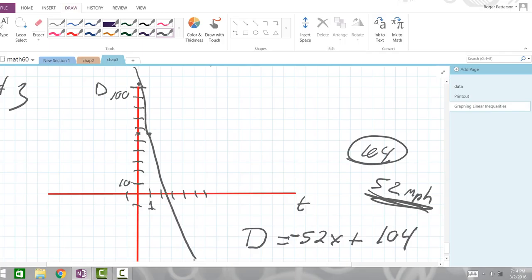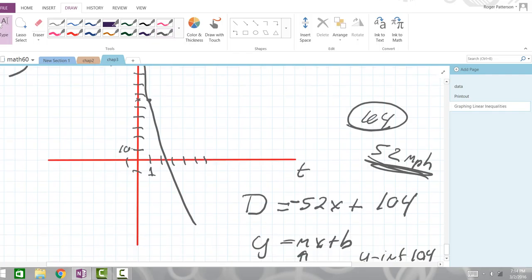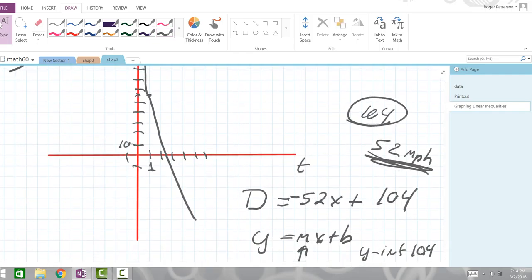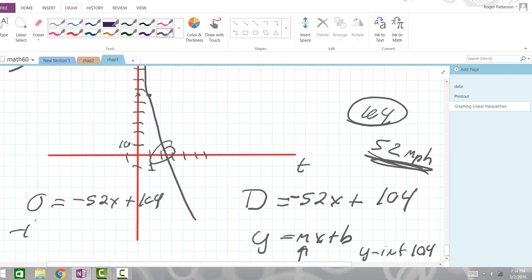Something like that, yep. Label the T. Then it wants me to figure out this x-intercept. I know D is going to be 0 there, and just solve that out.